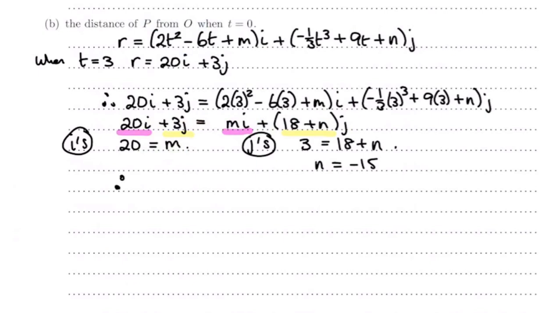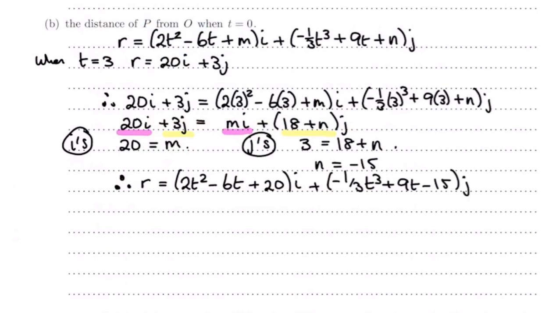So therefore, r equals 2t squared minus 6t plus 20 in the i direction, and negative a third t cubed plus 9t minus 15 in the j. Now we want the distance of P from the origin when t equals 0.